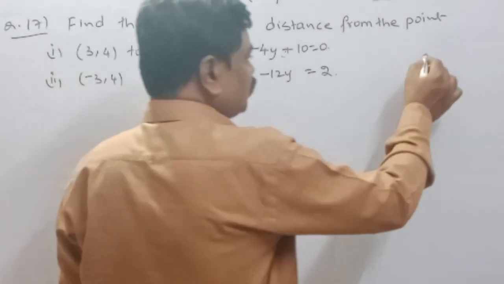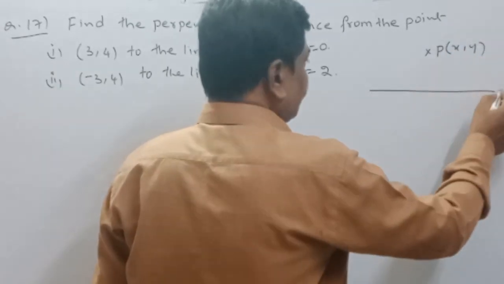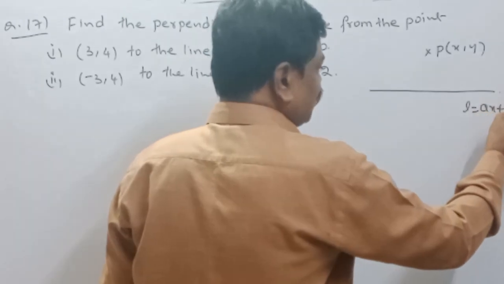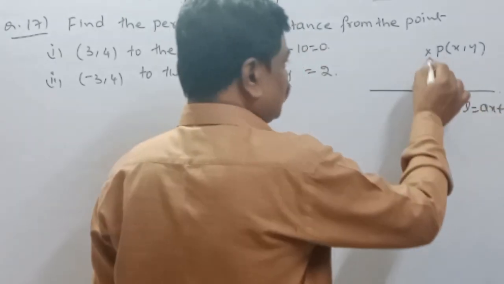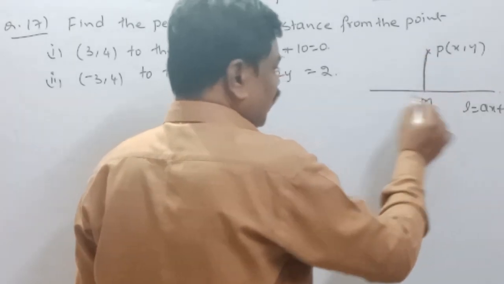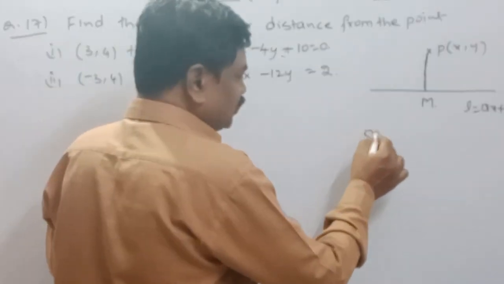You see, this is the point P(x1, y1), and this is the line L: ax plus by plus c equals 0. The perpendicular distance from P to the line L, OP, is the perpendicular distance.